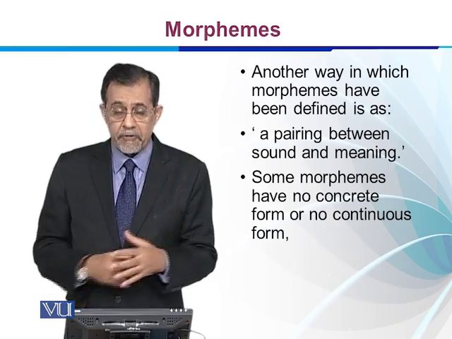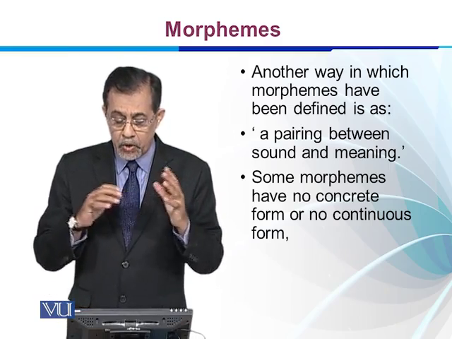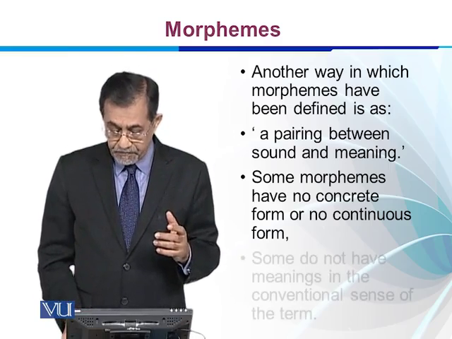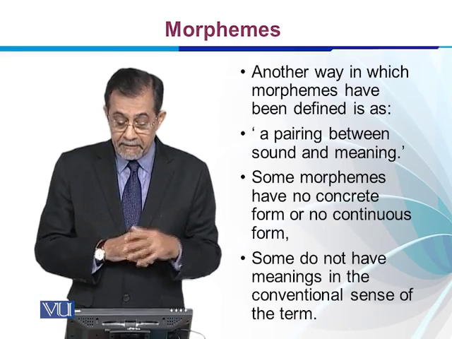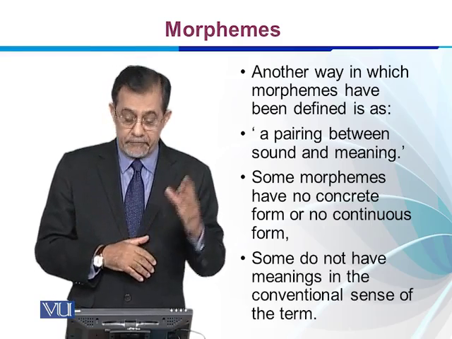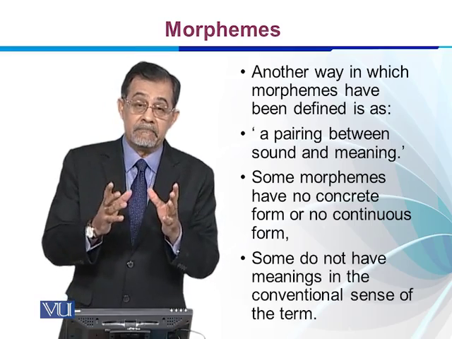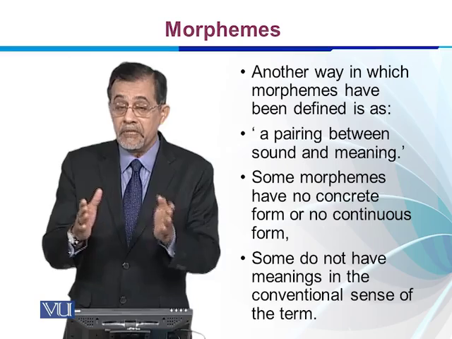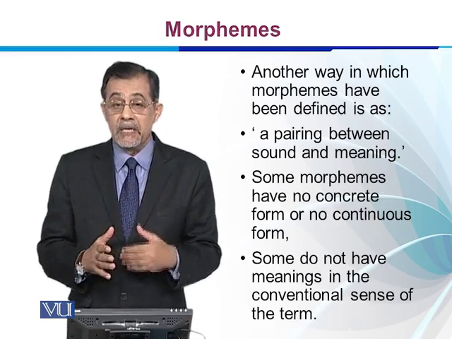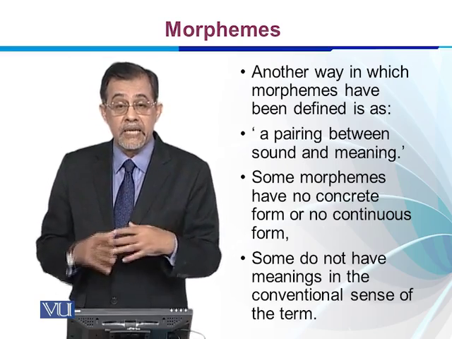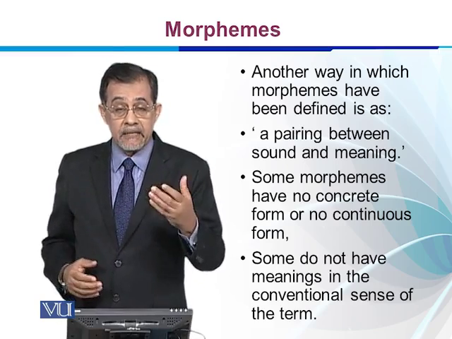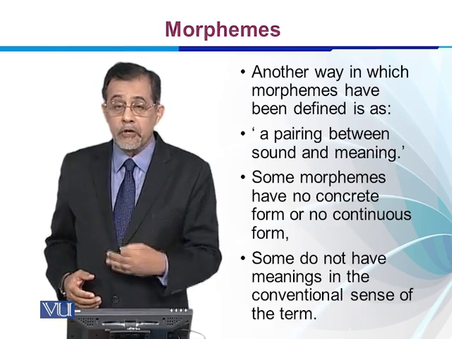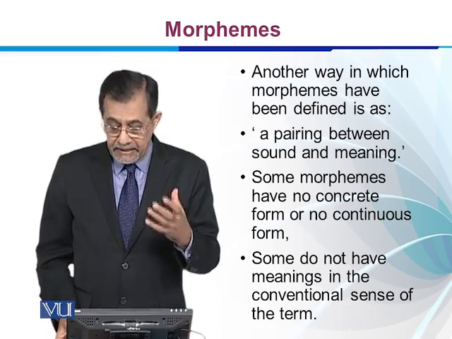Some do not have meanings in the conventional sense of the term. Because we just said that it's a pairing between sound and meaning, but now we are going to say something against it, that there are some morphemes which do not have meaning in the strict sense of the word.